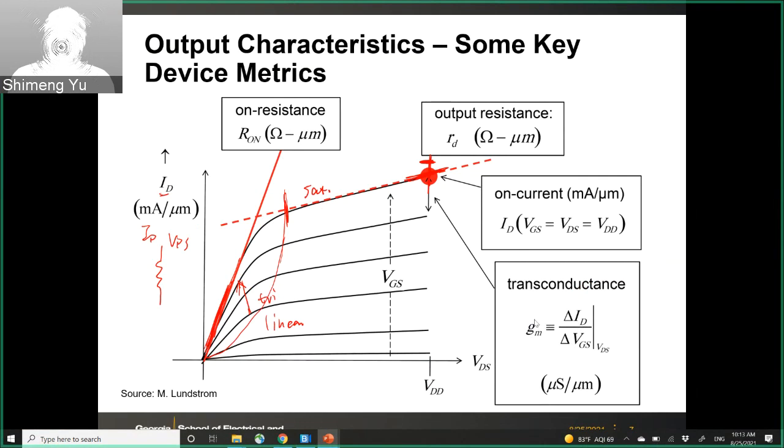This is called the transconductance. But I would say in this course, we are not going to deal with the small signal model. Mostly we will use the large signal models, like what is the channel on-state resistance and what is the maximum and minimal current. Those are the large signal concepts. We are not going to deal with the small signal concepts.